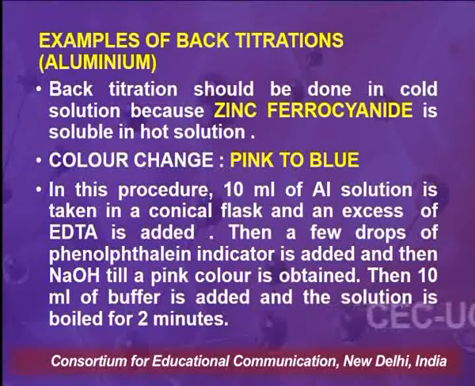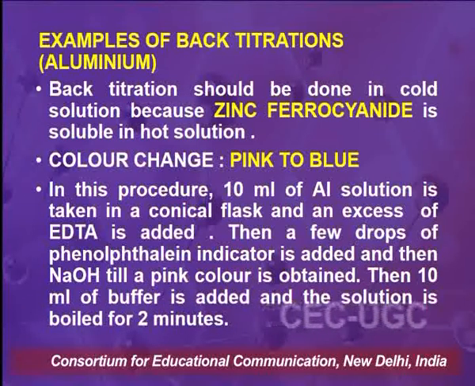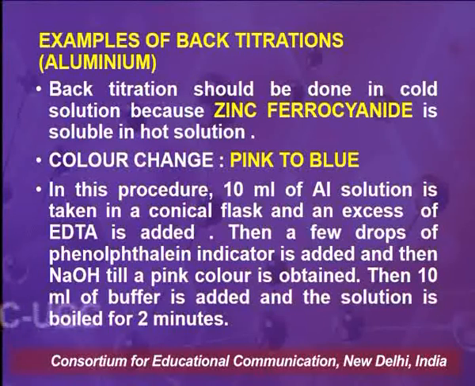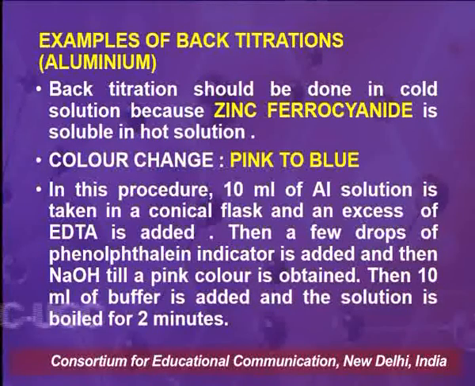In this procedure, 10 ml of aluminium solution is taken in a conical flask and excess of EDTA is added. That excess is definitely a known volume. Then a few drops of phenolphthalein indicator is added and then NaOH till a pink color is obtained.